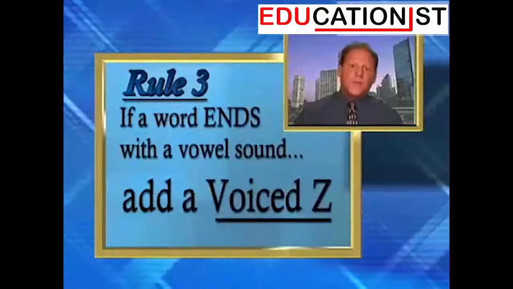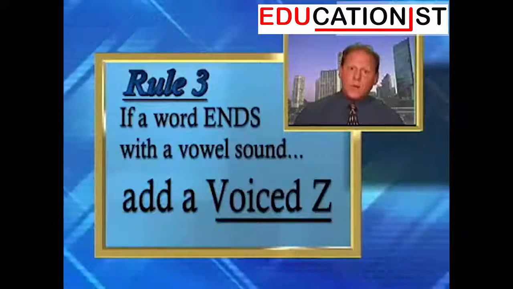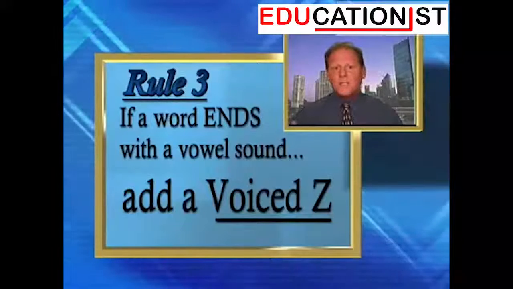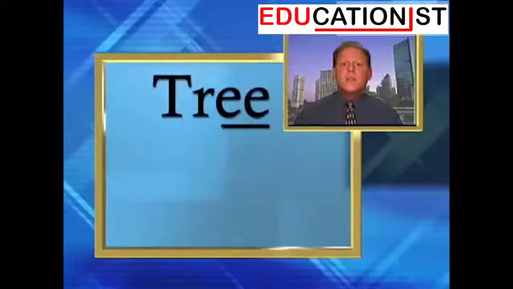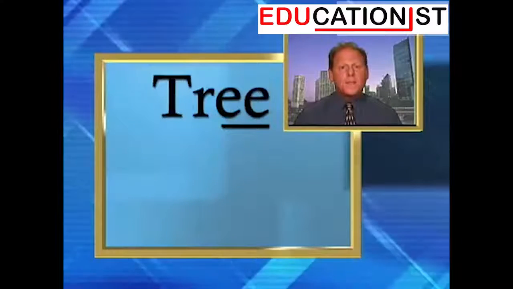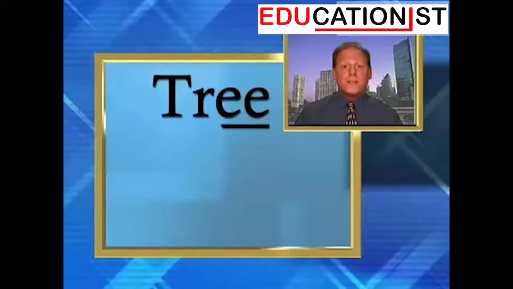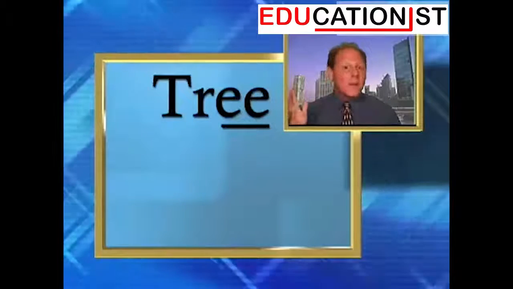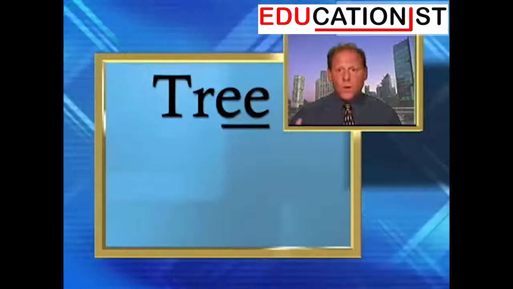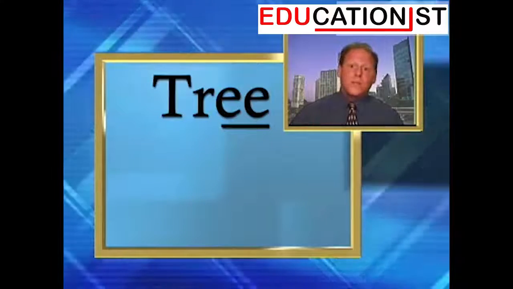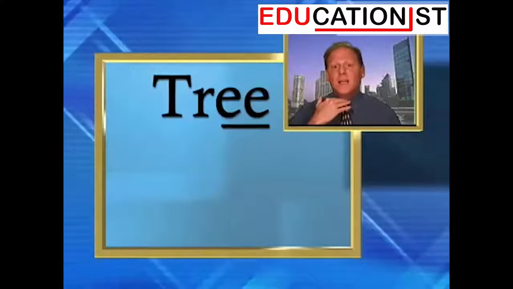This one's easy. If a word ends with a vowel sound, all you do is add a voiced Z. It's simple. Let's look at the word tree. The last sound you hear in that word is the vowel E. And remember, a vowel is always voiced. So the word ends in a voiced sound. Tree.